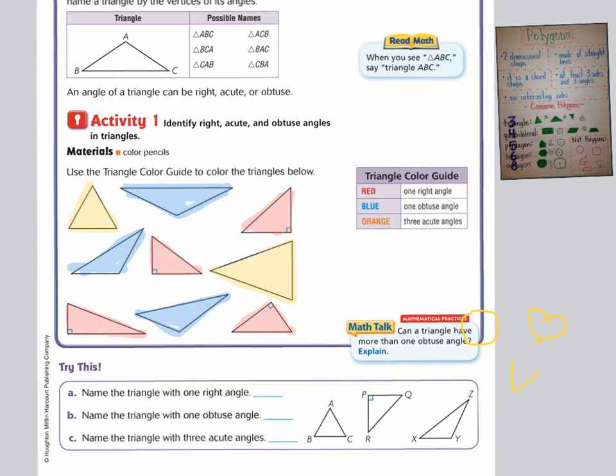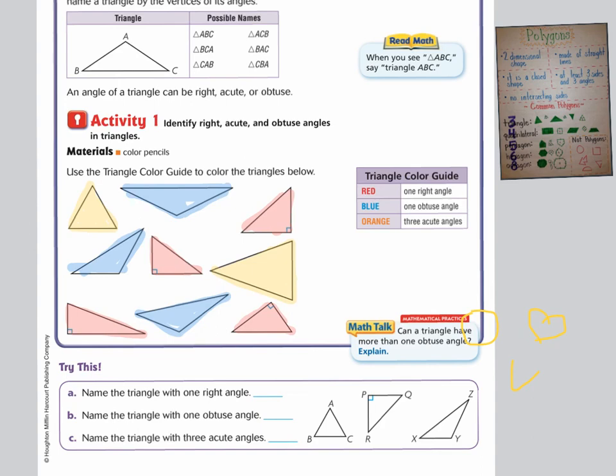I did notice that they all have at least 2 acute angles. So triangles will always have 2 acute angles, and it's that third angle that will tell you whether it's an acute, a right, or an obtuse. So that's a really important piece of information to remember. All triangles will have 2 acute angles, and it's the third angle that you'll use to classify it.